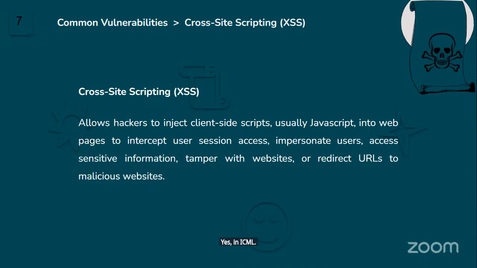So when the user's input is required to do some styling in the web application, this may occur. For example, you require a user to enter their name, but the potential attacker enters a script tag or a style tag.